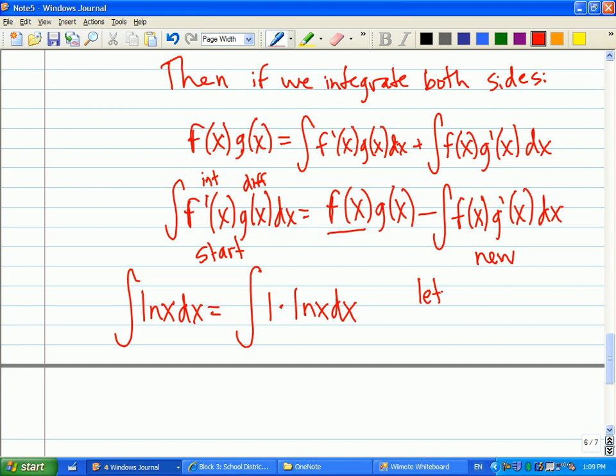So just so you can see it easier, I'm saying let f prime of x be equal to 1 and g of x equal to the natural log of x.